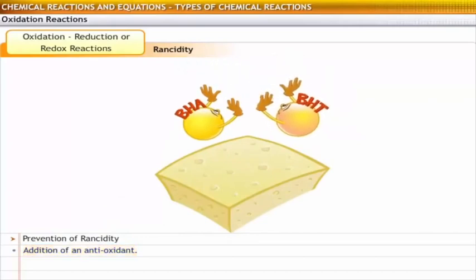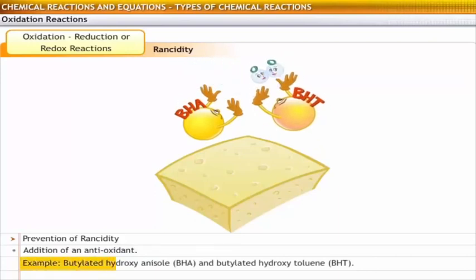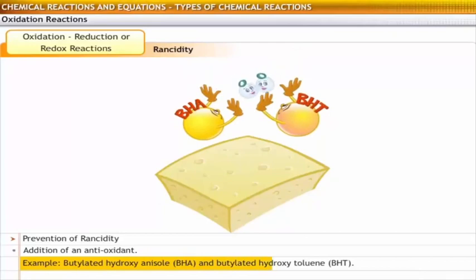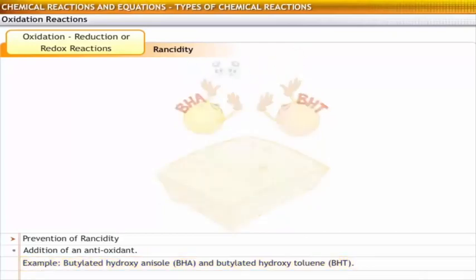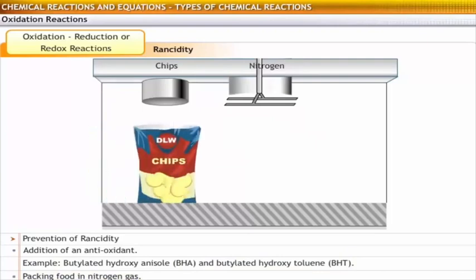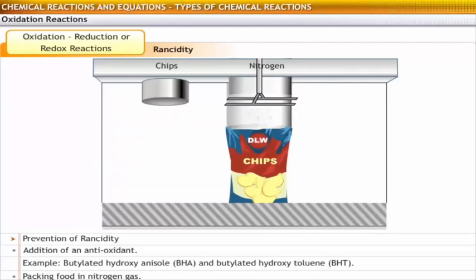Two common antioxidants used in food are butylated hydroxyanisole (BHA) and butylated hydroxytoluene (BHT). The other way is by packing food in nitrogen gas, as nitrogen prevents oxidation of food. For example, rancidity in potato chips can be prevented by flushing the bags with nitrogen while packing.